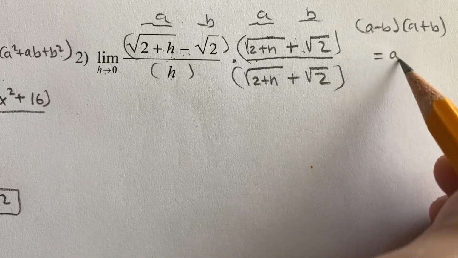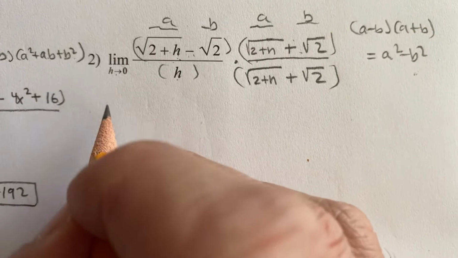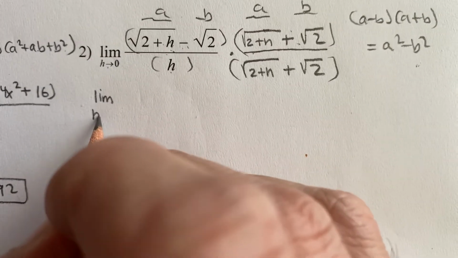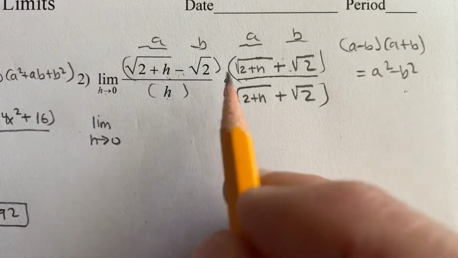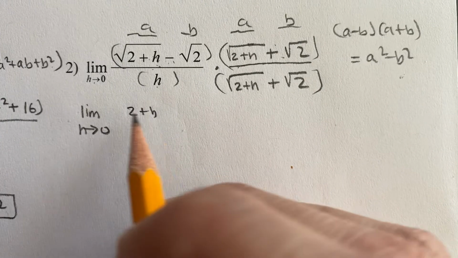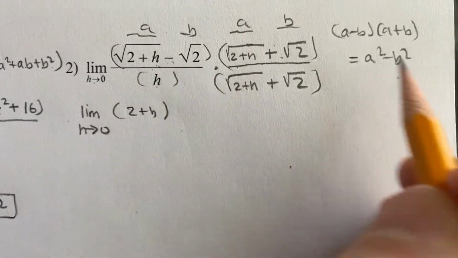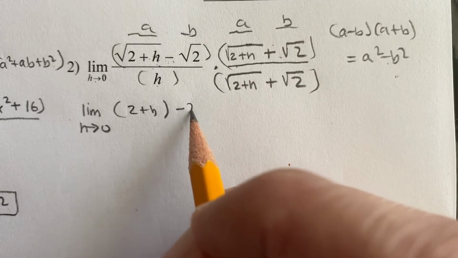All calculus is algebra. A squared minus b squared. So again, I'm going to write the limit as h approaches 0 each time until the very end. So if this is a squared minus b squared, a squared, if I square this, that's just 2 plus h, right? And if I minus b squared, this is the b, root 2 squared is just 2.